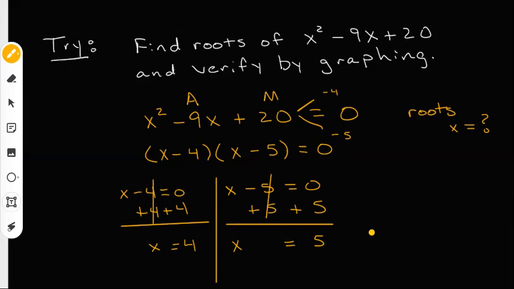So those are going to be my roots. They're the numbers that x is going to be equal to. I take those two numbers and I put them inside of a solution set. So these are going to be my roots, also known as zeros, also known as x-intercepts.